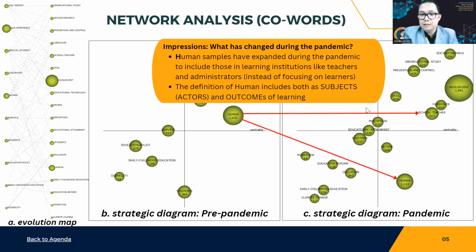But in the pandemic period, it expands its definition of humans to include school teachers as a crucial element of research. And it also defines human as both an actor and an outcome of learning. So research in the pandemic period treats humans not just as an actor of learning, but also as an outcome of learning. So this is where we started doing research about student engagement and student attainment, or student achievement.